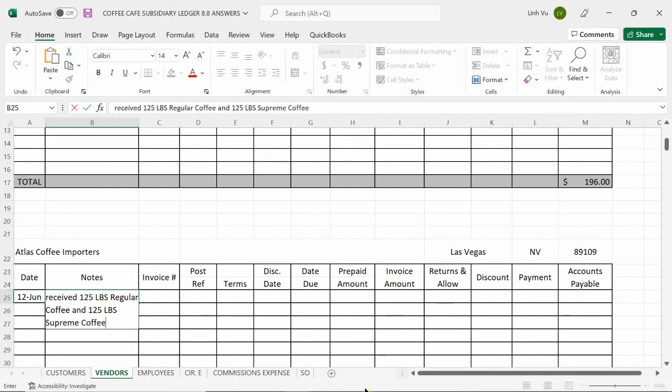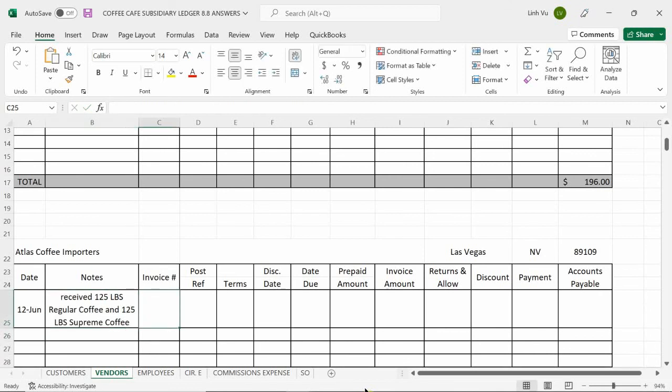And then invoice 315, post reference, we're still on page 4.